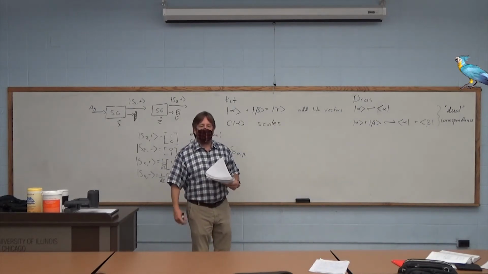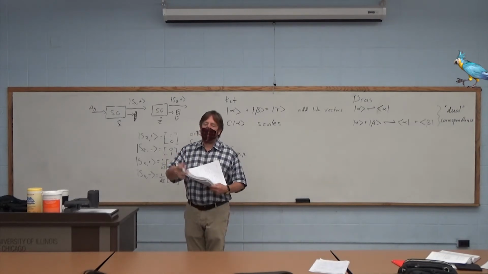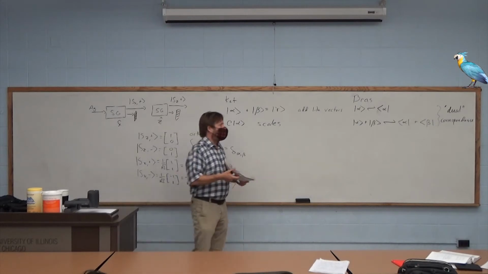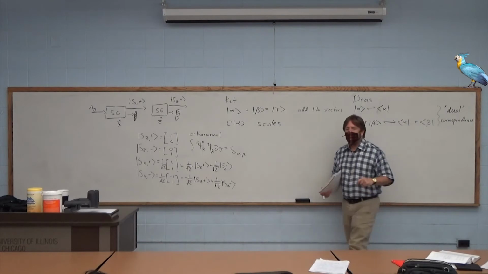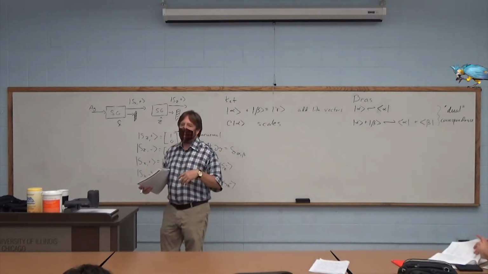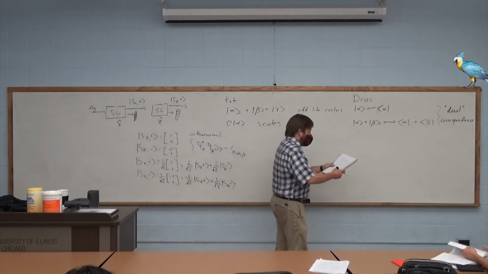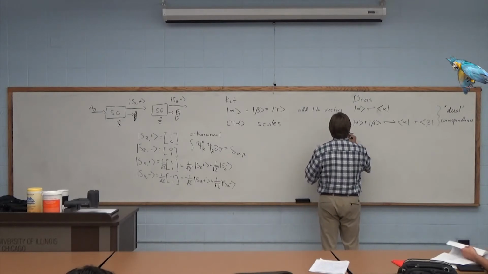Now, you can either remember the word dual correspondence, or you can remember for every ket, there's a bra. That's the same thing. This is a term you will see frequently in seminars. That's what it means. It sounds like a complex concept. It isn't. It's just what it's called. Okay, now here's a wacky thing. This one's kind of important.